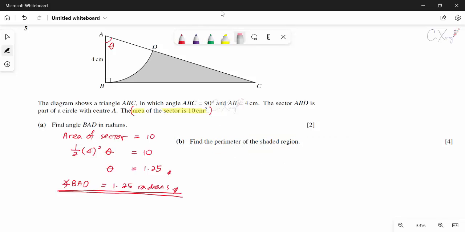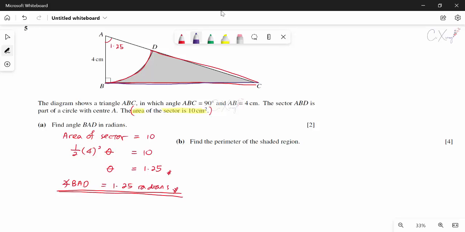To find the perimeter of the shaded region, you need 3 different sides here. One of them is the arc of BD, another one is the length of BC, and also the length of DC. Before I can find out all the answer here, I try to find out BC first.